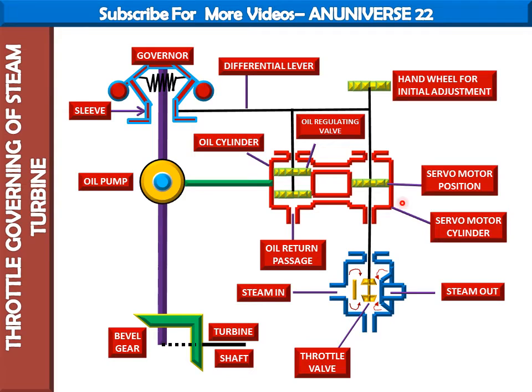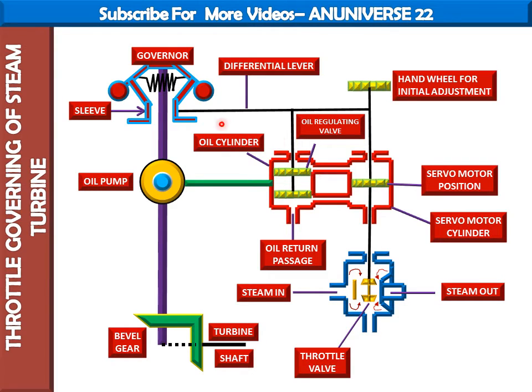If we consider this case, it is moving with high speed, load on turbine is less, then this sleeve moves upward and the fly balls expand. In that case this differential lever moves upward.